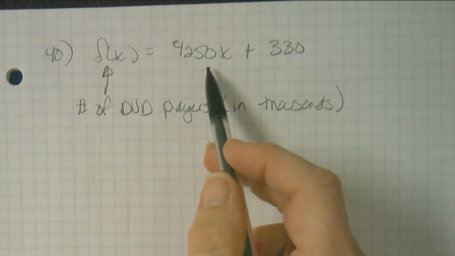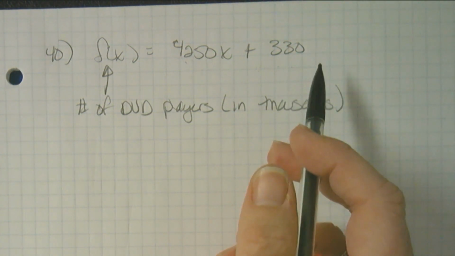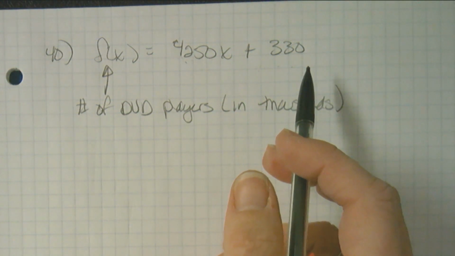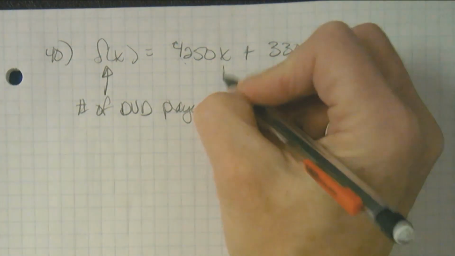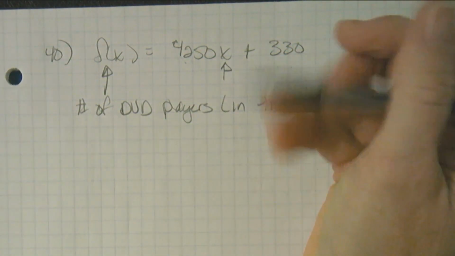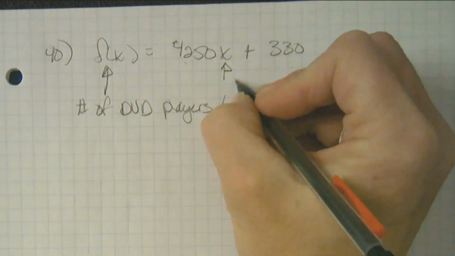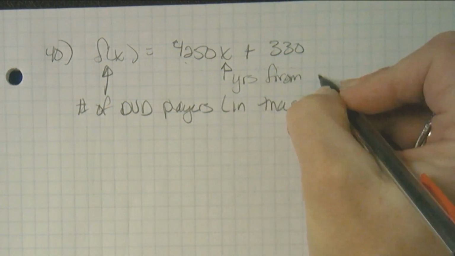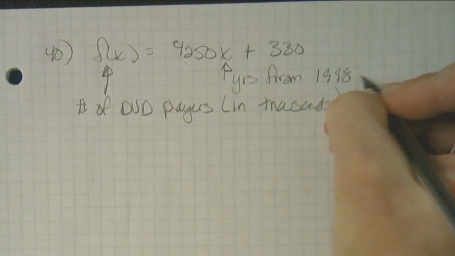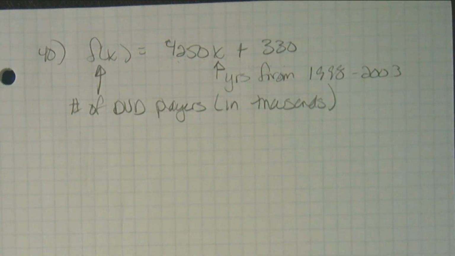So you would put 3 zeros on the end of that, which really actually means 4,250,000. All right, so keep in mind that's what that means. All right, and x is the years from 1998 to 2003.